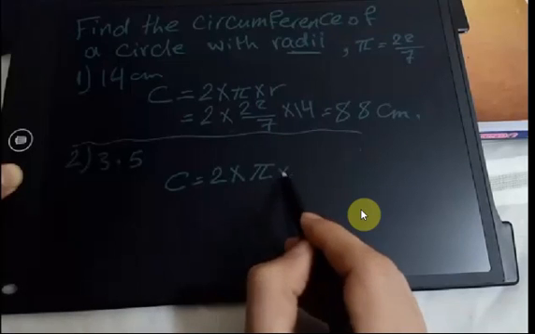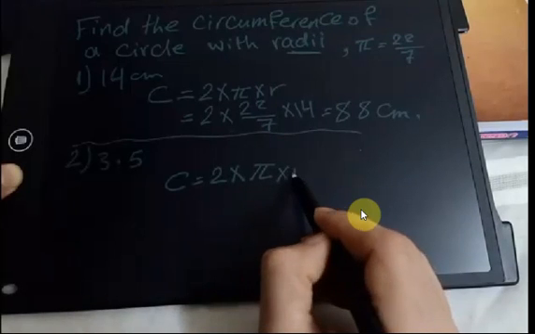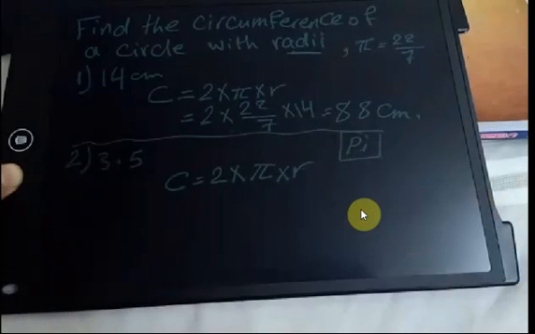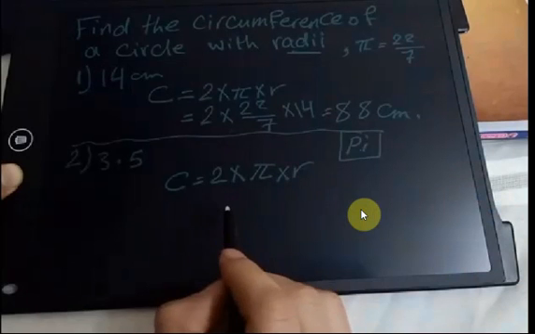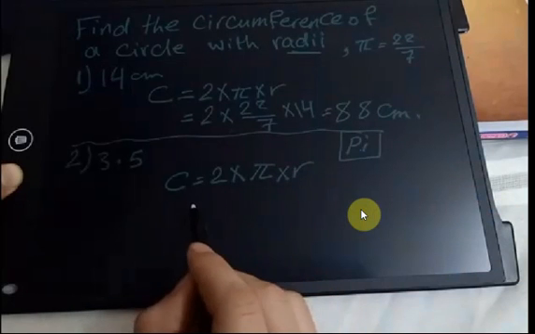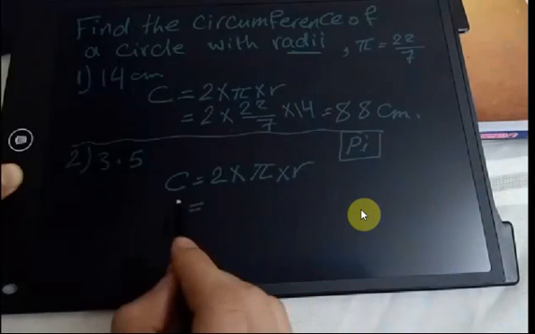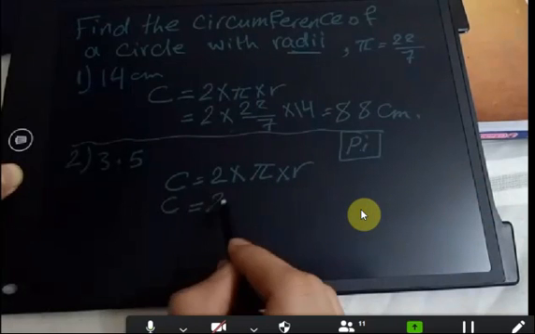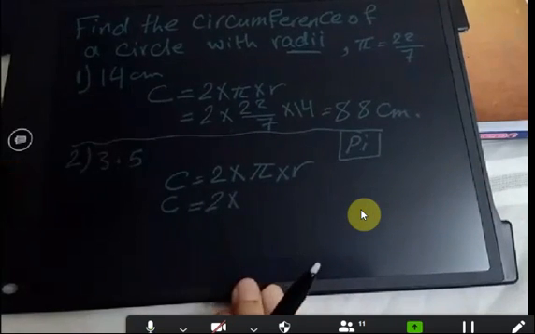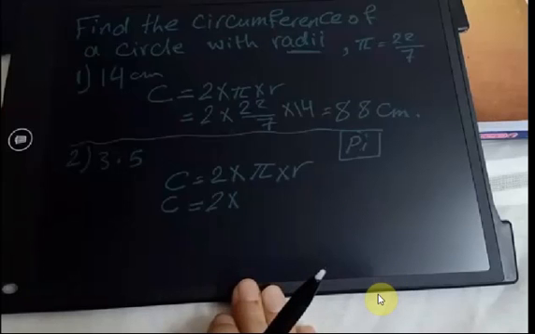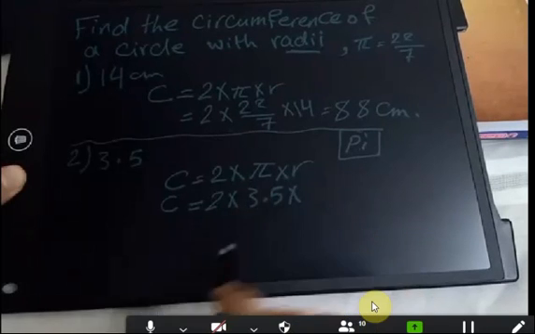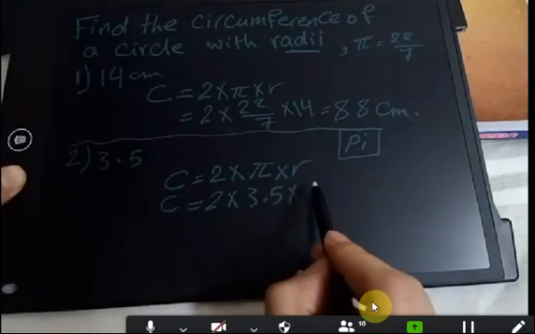Okay, the pi is like this pi. Here it is. It's pi. Okay, so the circumference equals what, Aysel? 2 times 3.5 times pi.